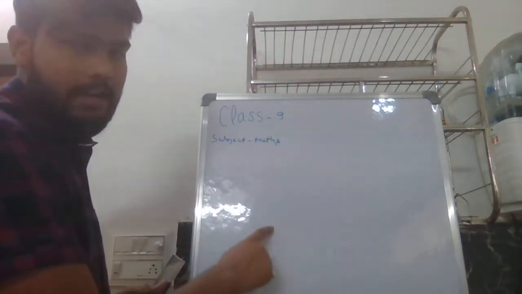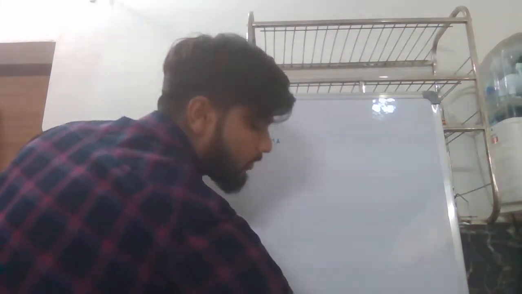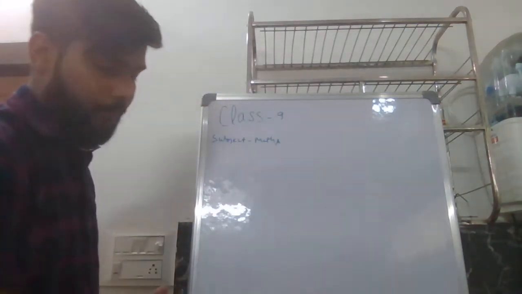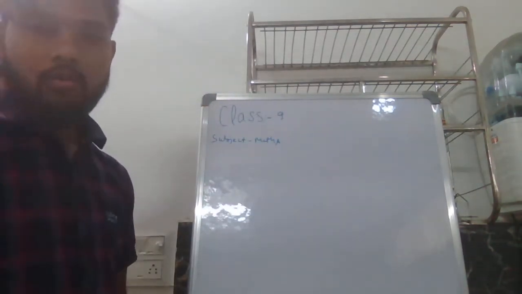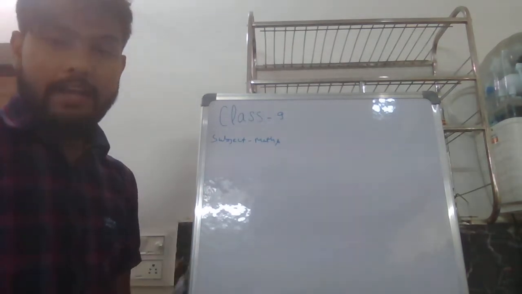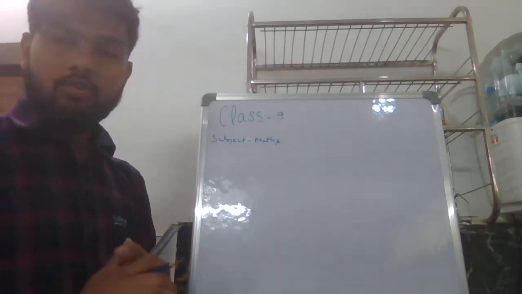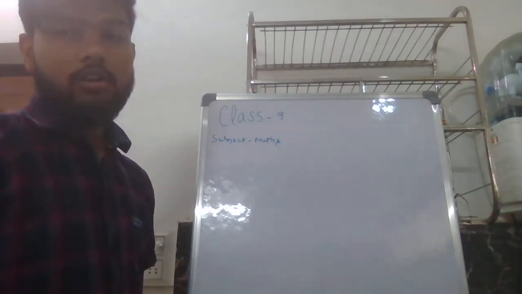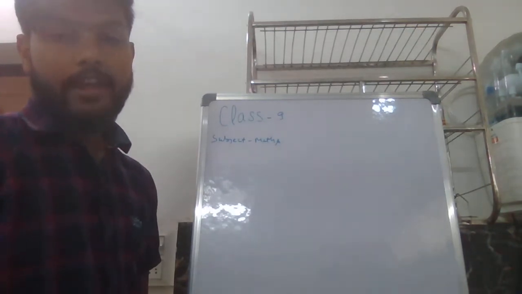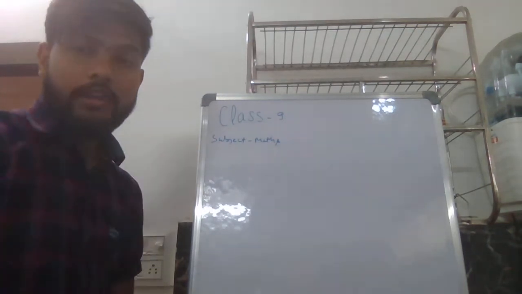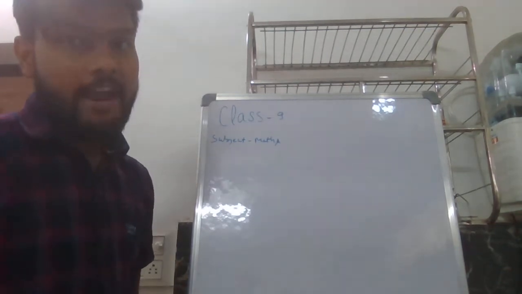Here you can see this is a whiteboard. So what will we do now? Now we will perform an activity. Here we have to draw a triangle.